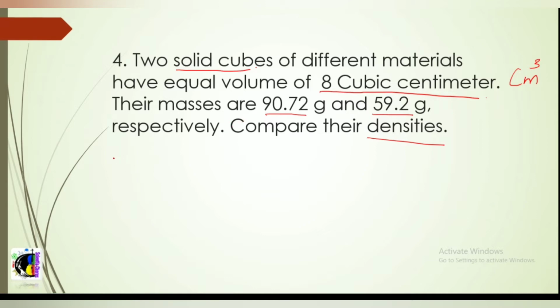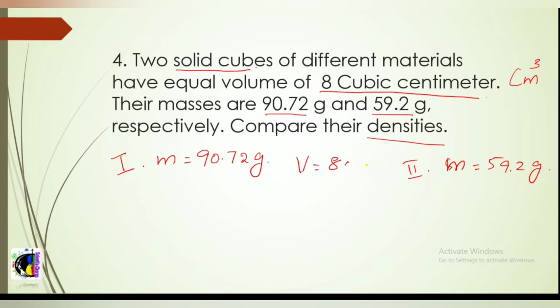In the first condition the mass is 90.72 gram, and in the second condition the mass is 59.2 grams, right? Now they both have the common volume of 8 centimeter cube. So let us find out the density.